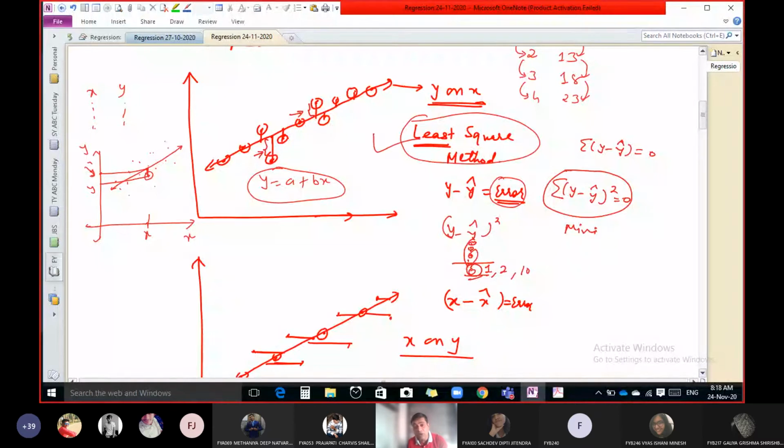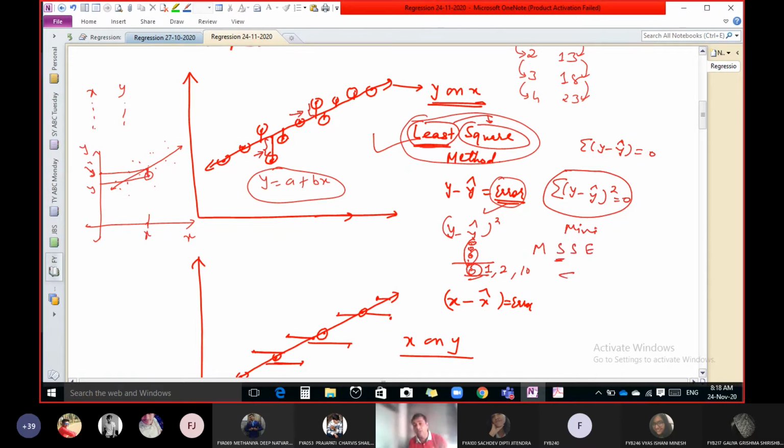And that is why the name of the method is least. Least means what? Minimum square. We want minimum square. But square of what? Square of error. So that is why it is known as the minimum sum of squares of error.